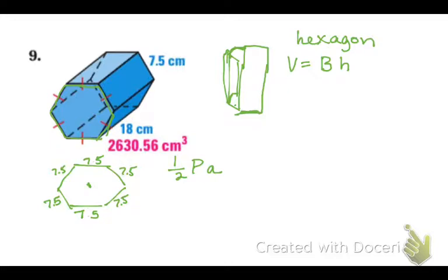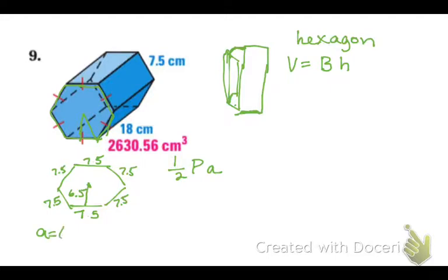Now you notice that this doesn't have an apothem. They don't give you an apothem. So in this case, you would need trigonometry to figure out this problem. And I am not going to give you this kind of problem with trigonometry on the final or the quiz. So I'm going to give you the apothem, and I'm going to say it's 6.5.